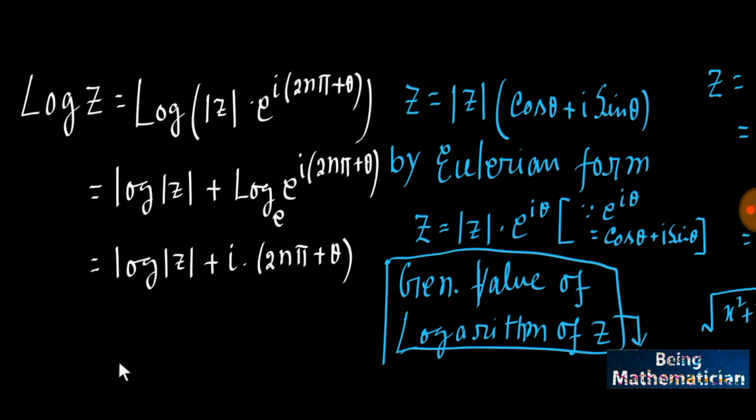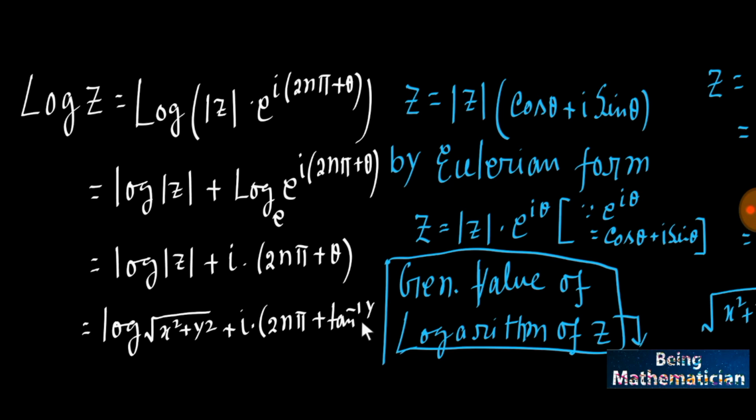Now log of mod z means log of root over x square plus y square, plus i into 2n pi. Now we can write tan inverse y by x in the place of theta, since tan theta is y by x.